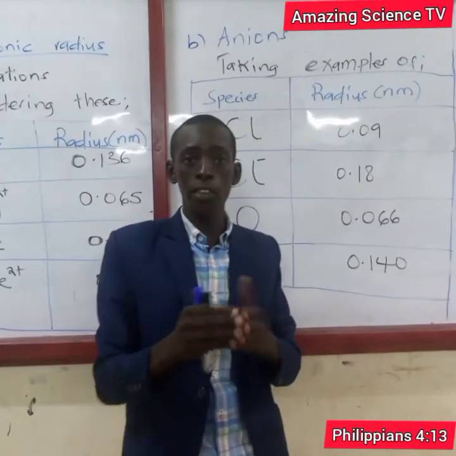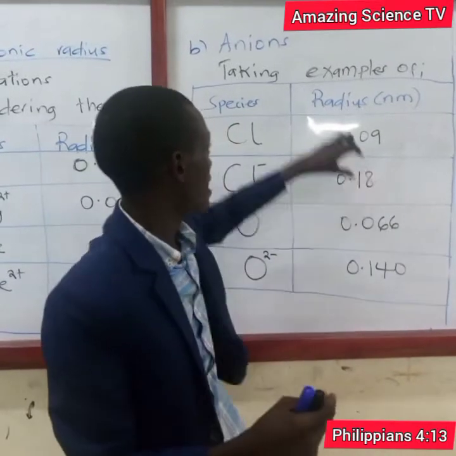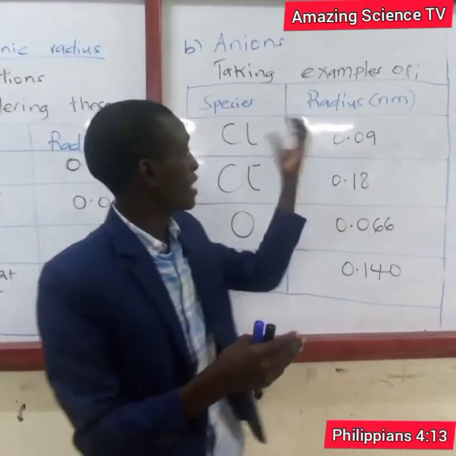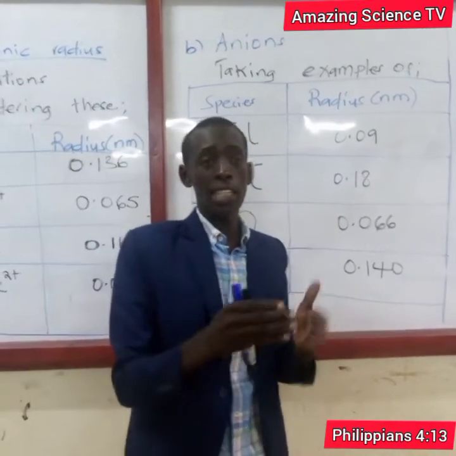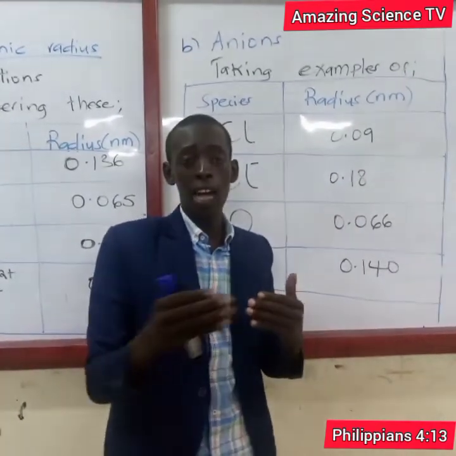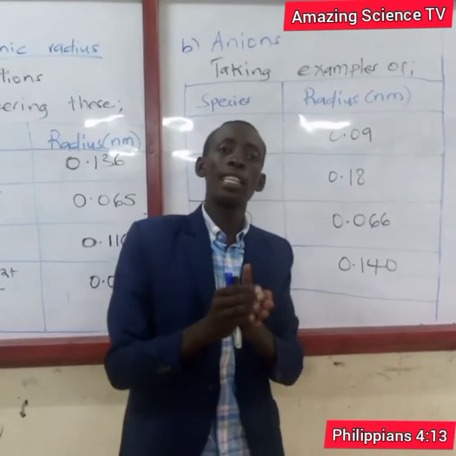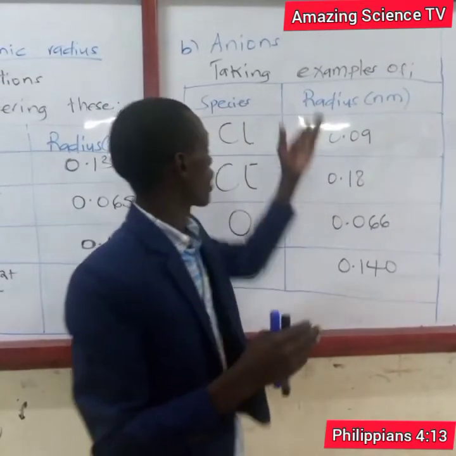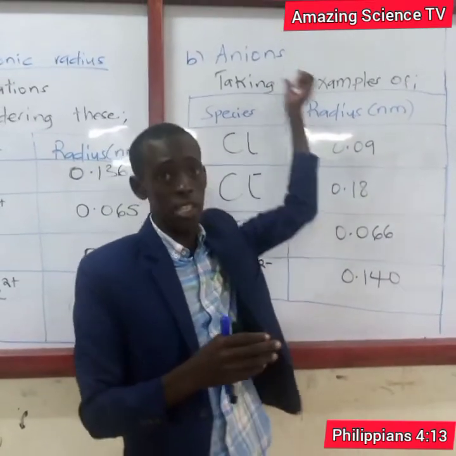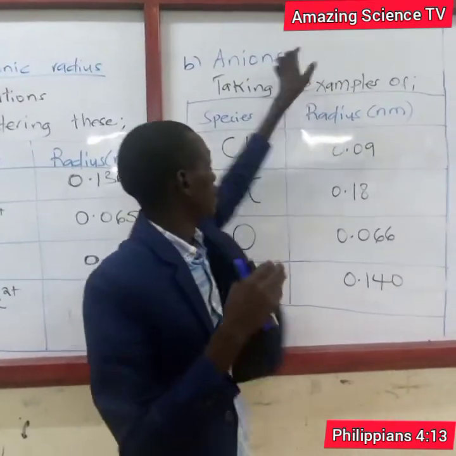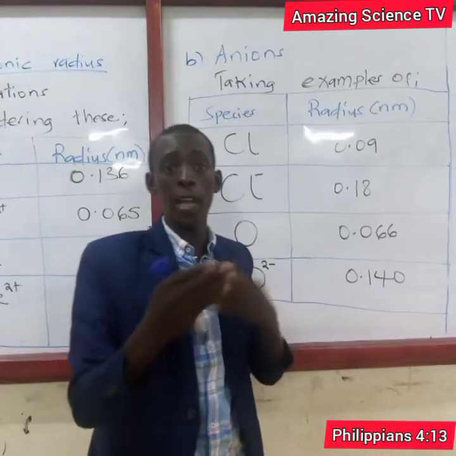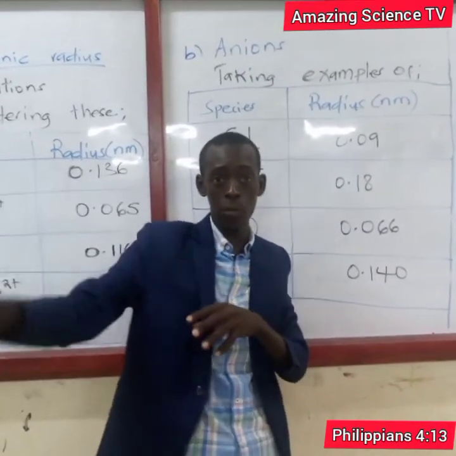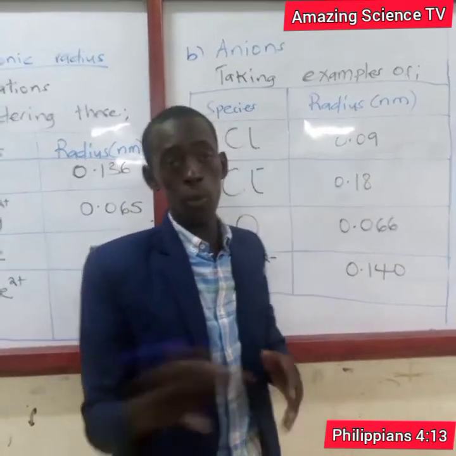And them being far away from the nucleus, it implies that the size of the atom increases, the size of the ion increases. And when it increases, the ionic radius also increases. So that's why ionic radius is higher in anions in comparison to the atomic radius of their corresponding atoms from which they were formed.